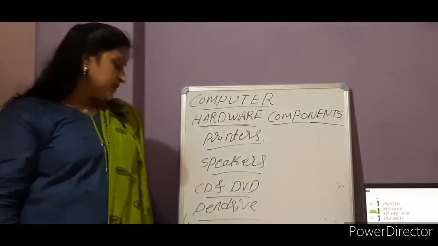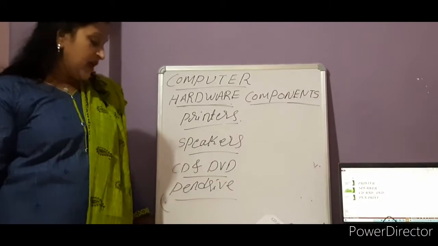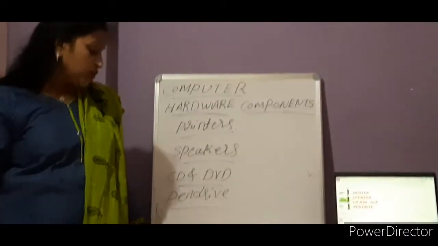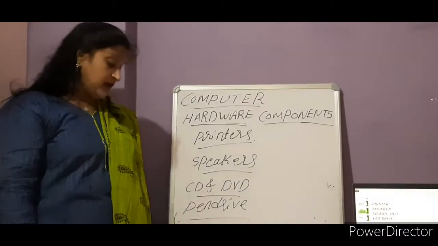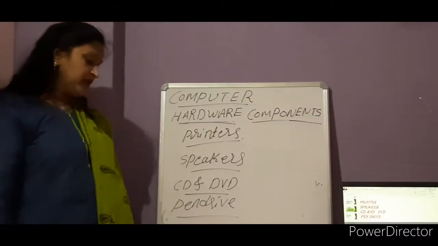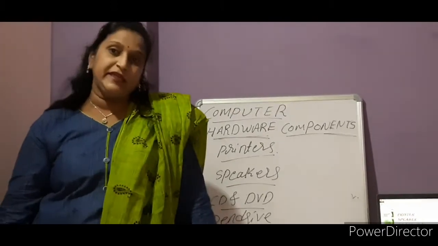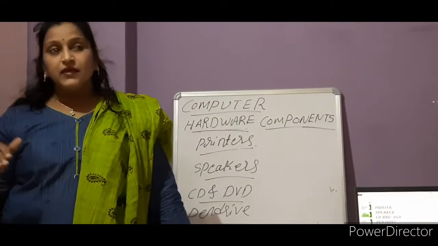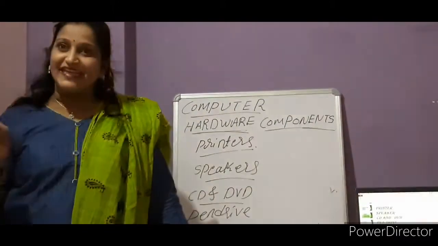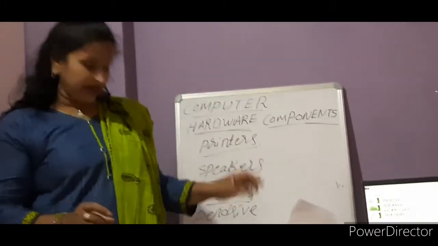It can be used for storing music, videos and other information. The storage capacity of a pen drive is 256 GB. Information written on the pen drive can be erased many times. Why do we say erased? Many times we can copy and many times we can delete it. By this we can erase it.